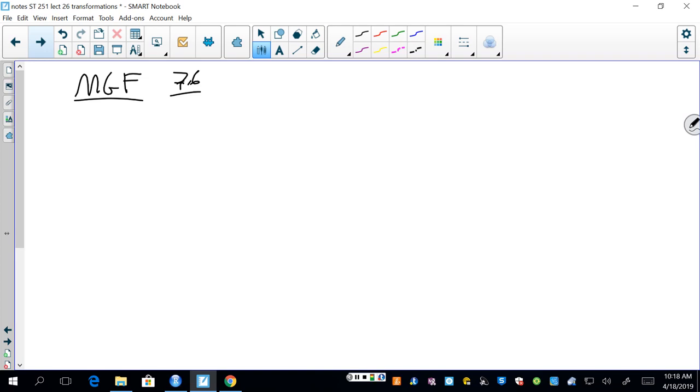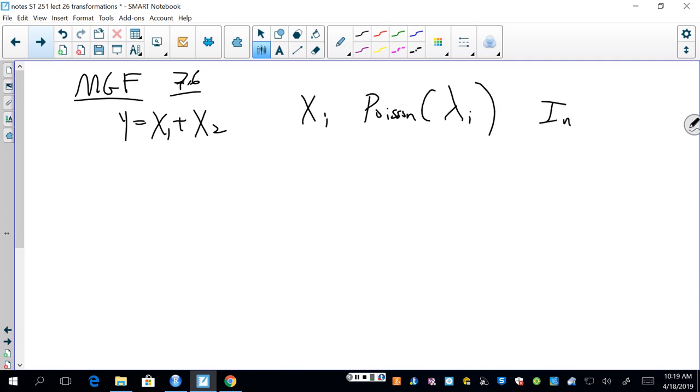And so one example of the use of this is primarily if you're adding together a couple of random variables, and let's say the Xi are Poisson random variables with some rate lambda i in each group, and they're independent of one another.